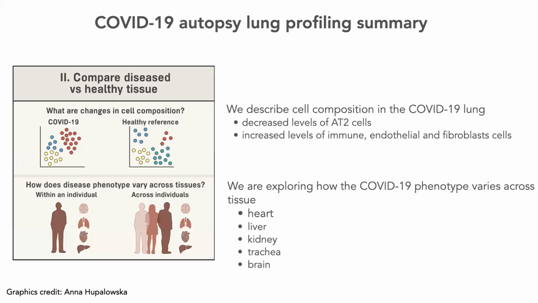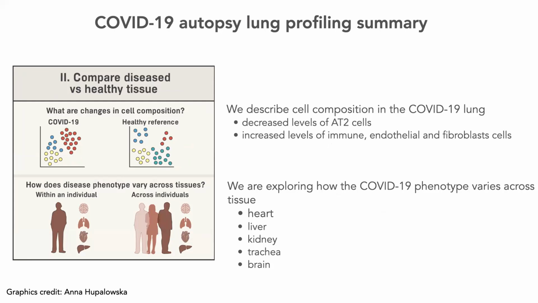Next, we were able to take advantage of existing healthy data sets and look at specific changes that were unique to COVID-19 infection in the lung. And with this, we saw decreased levels of AT2 cells and increased levels of immune, endothelial, and fibroblast cells.